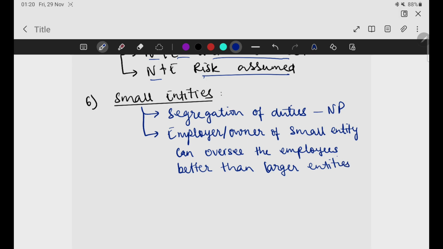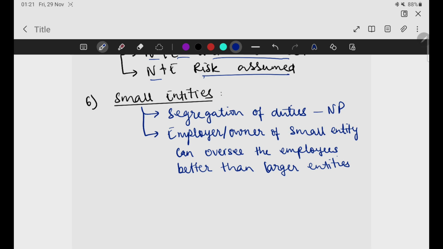So the first point was that segregation of duties is not possible because it's a small entity, and the second point is that the owner or employer of the small entity can oversee better than the larger entities.